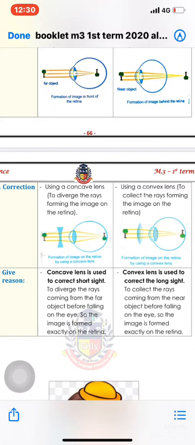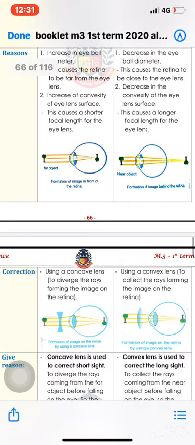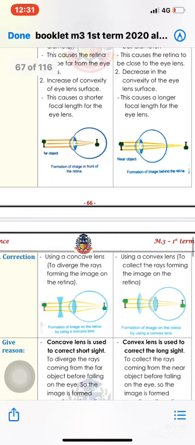But in the case of long-sightedness, I will use a convex lens. Why? To collect the rays, forming the image on the retina. In long-sightedness, the image is formed behind the retina. The lens has very little refraction or very little convexity, a decrease in the convexity, so the image is formed behind the retina.